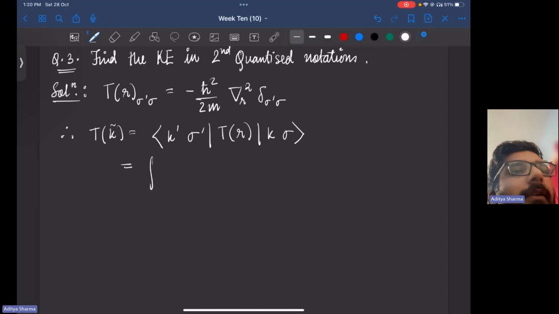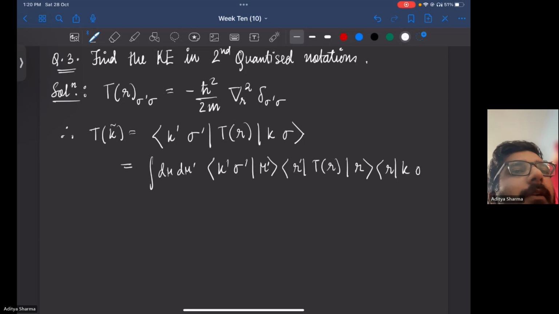What I mean is this: dr prime, and this is going to give, this is between position and momentum, so e power i k prime r prime.